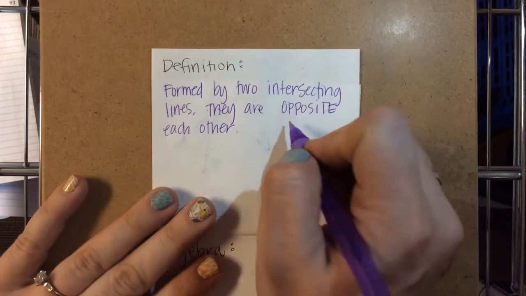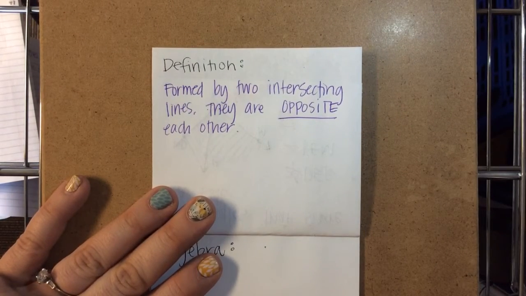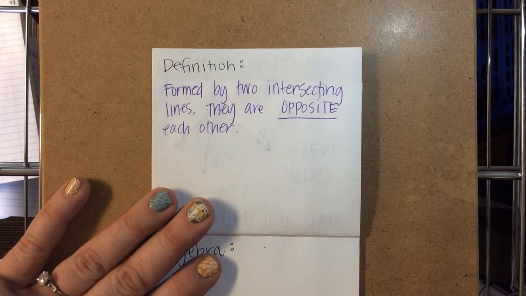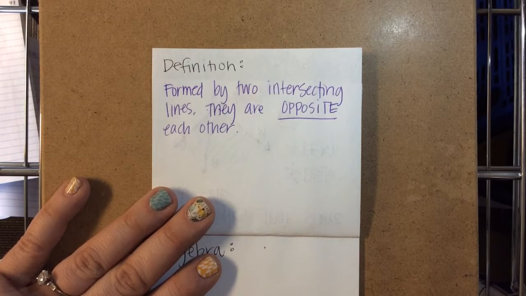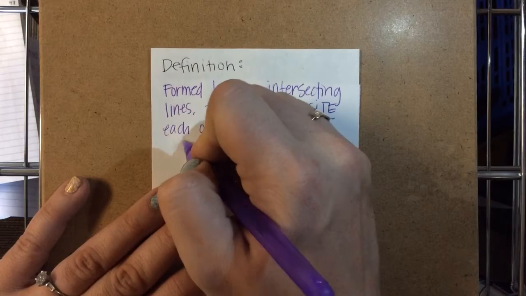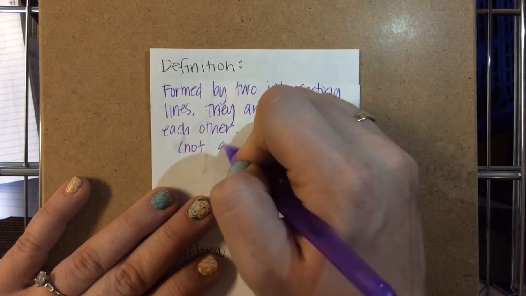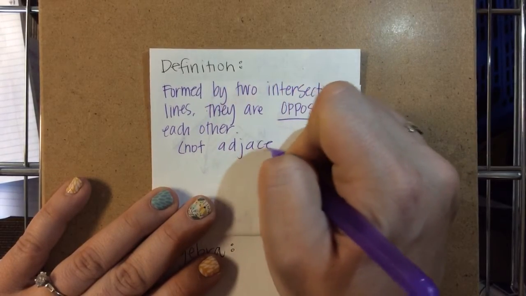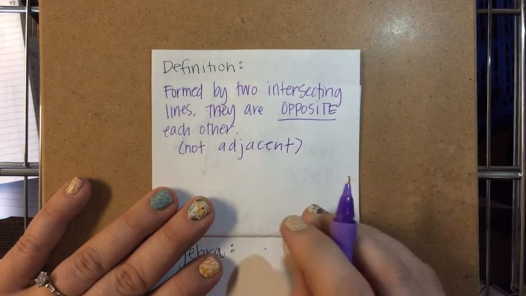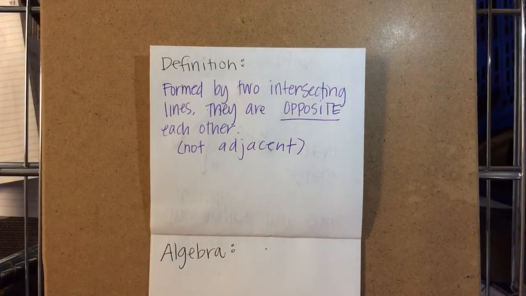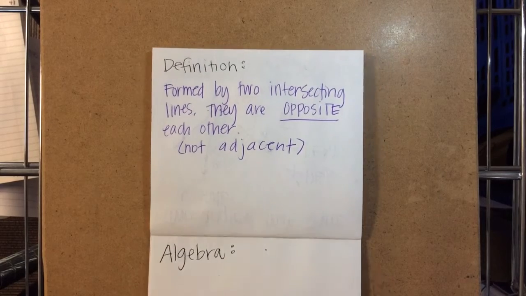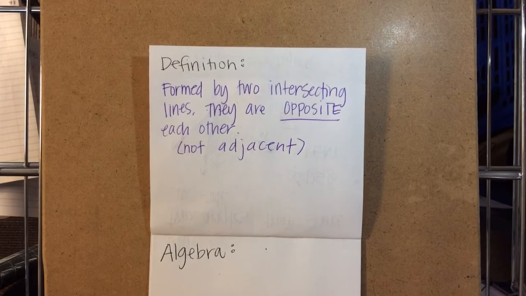If one's on top, the other's on the bottom. If one's on the left, the other's on the right. They are not adjacent. Adjacent angles touch. Vertical angles are opposite.